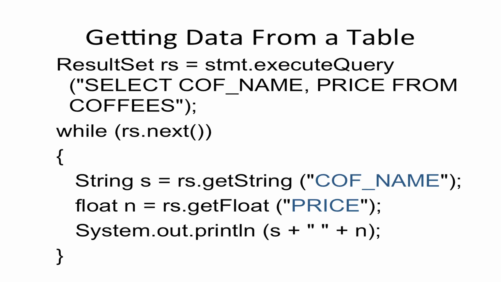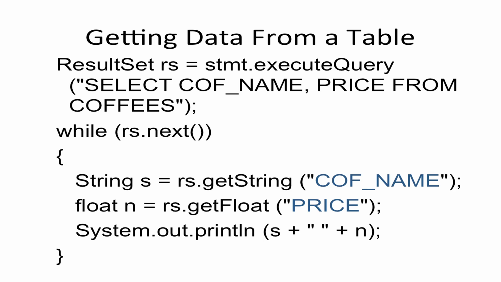Coffee name is a string field, so we write getString, and price is a floating type value, so the price variable will store a floating value, so we write getFloat. So coffee name as well as price we extract by the getString and getFloat functions, and we store them in two separate variables, s and n. S is a string type variable, n is a float type variable.